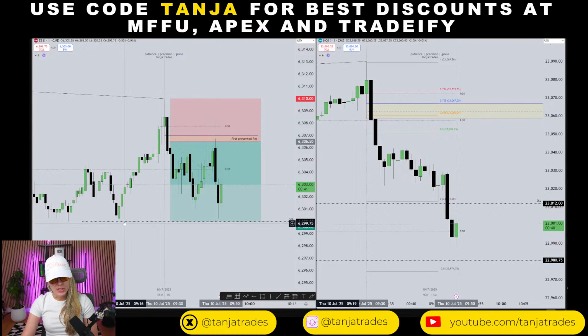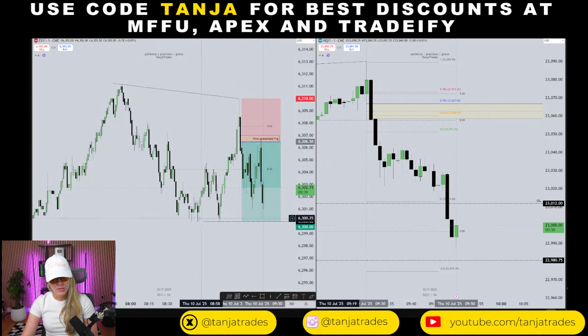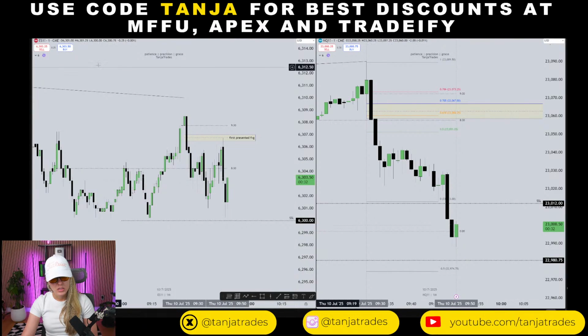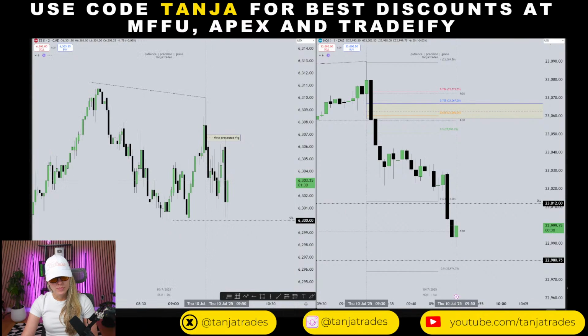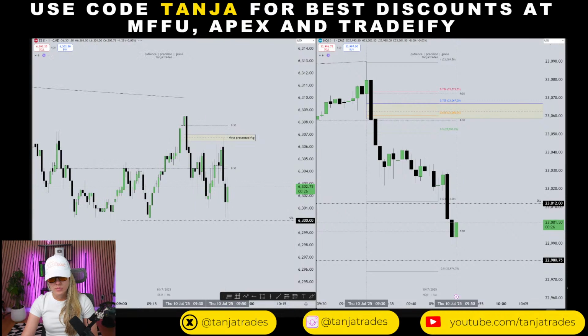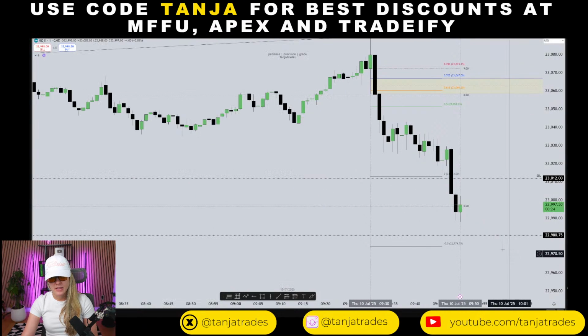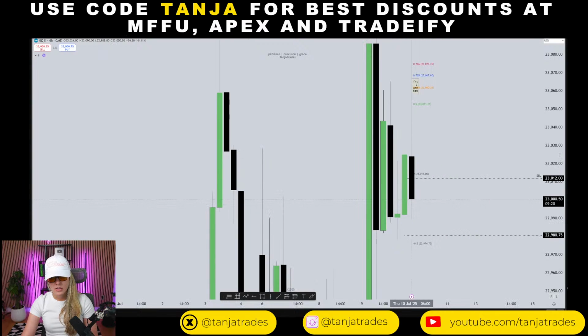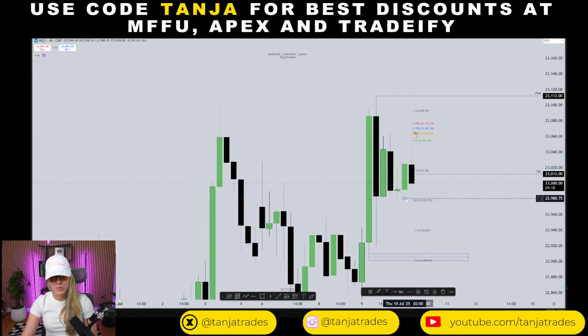It didn't even reach the pre-market lows yet. These are equal lows, so I would think that they would get taken out. What do I have marked down now? That was a quick fall, I'm not gonna lie. I don't know why I marked this out. This is the previous 4 hour low.